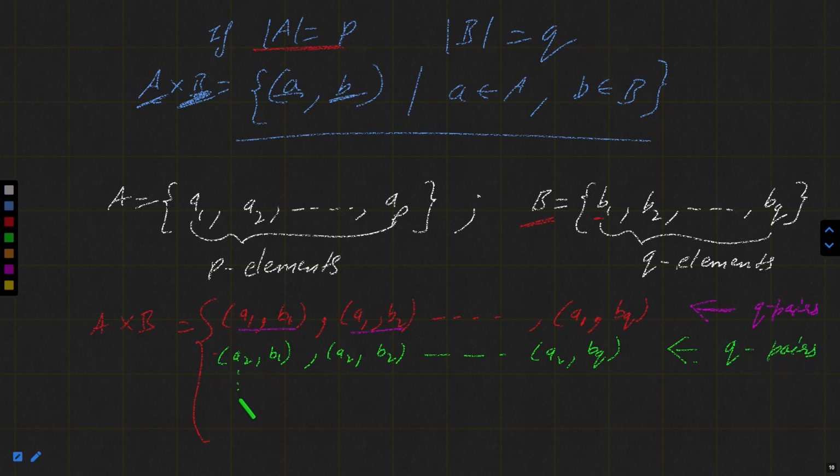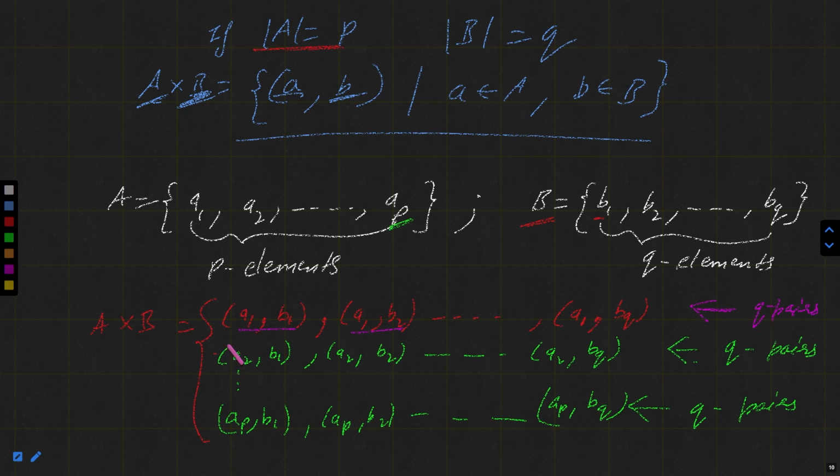And I can do this for every Ai till P. The last element is AP, so I can pair AP with B1, AP with B2, till AP with BQ. In this row I've also got Q number of pairs. So as you can see, for every row I am getting Q number of pairs.